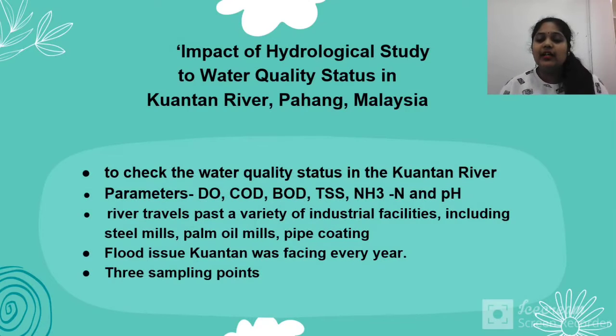So that is why the researchers wanted to study the water quality status in the Kuantan River, so that they can avoid the flood issue that Kuantan faces every year during the monsoon season.